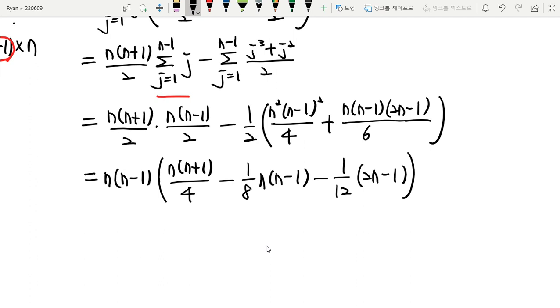And then let's simplify the big parentheses. I think we can take 24 out for the denominator.